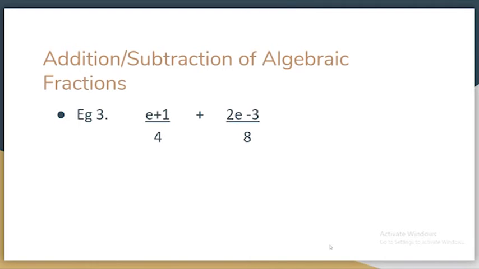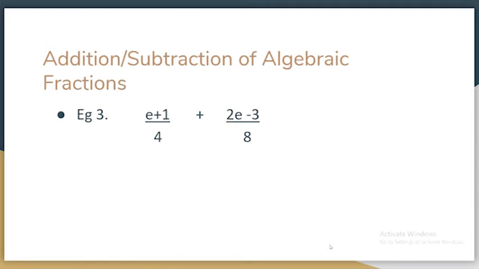Oh, what a numerator. It is pretty bulky. Don't worry, the same principles apply. Step 1, write it clearly. This one is already written clearly. So we move on to step 2. LCM of the denominators, the LCD, 4 and 8. Yes, did you write 8 for the LCD? Yes.